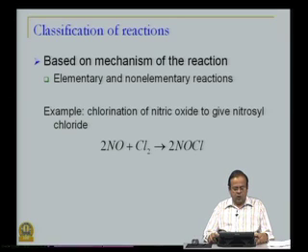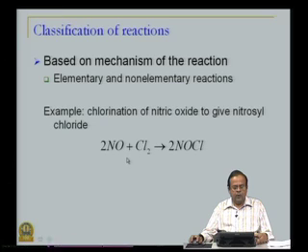For example, if you consider this chlorination of nitric oxide to give nitrosyl chloride, this reaction is an elementary reaction. We call a reaction an elementary reaction if the reaction takes place the way it is actually written down.